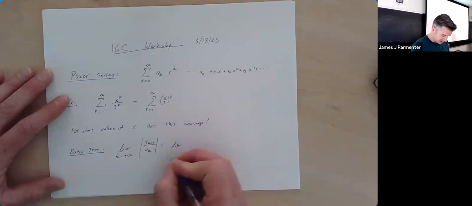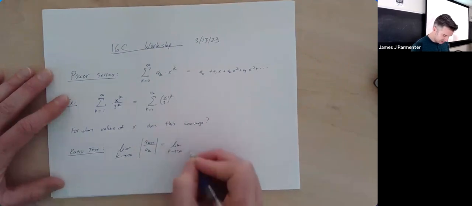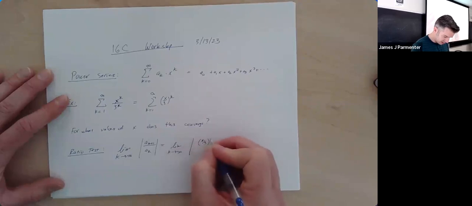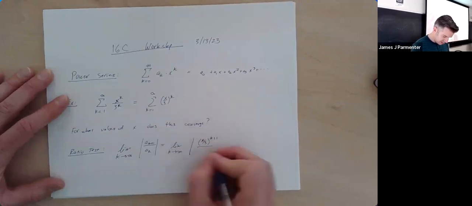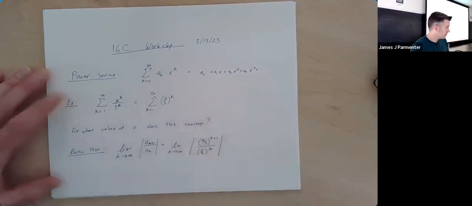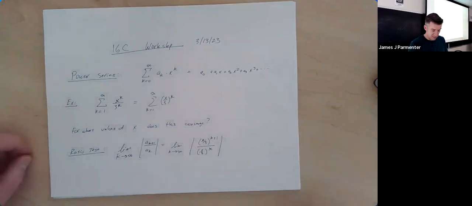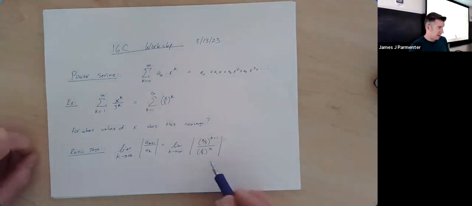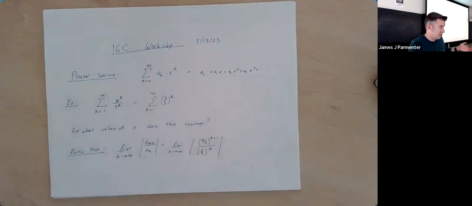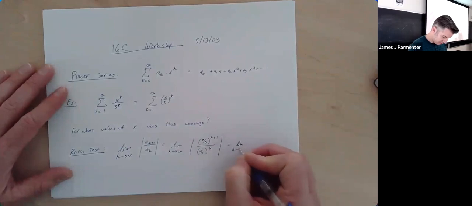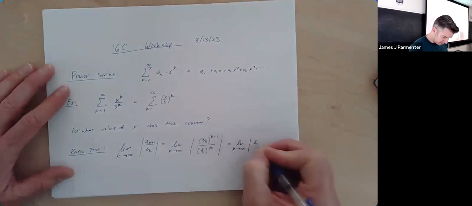So we're going to get the limit as k goes to infinity of the absolute value of (x over 3) to the k plus 1 over (x over 3) to the k, which is going to simplify pretty easily. If you have something to the k plus 1 divided by something to the k, almost all of them cancel out, and you're just left with x over 3 to the first. So this is the limit as k goes to infinity of the absolute value of x over 3.